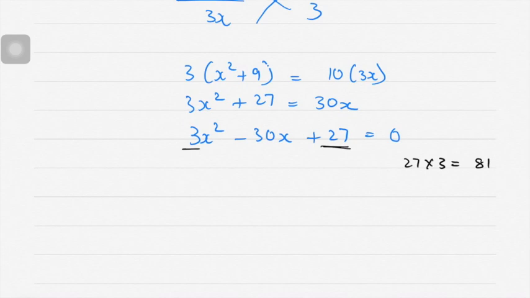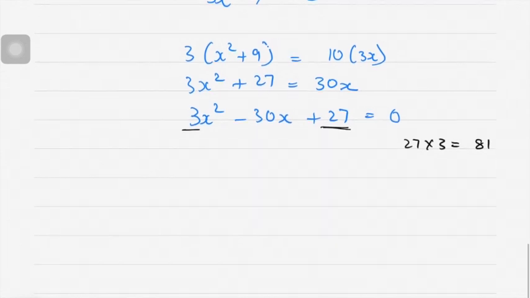So 27 into 3 is 81. So you need two numbers. When you multiply, it is 81, and when you add, it is minus 30. Okay, let's find the factors of 81.